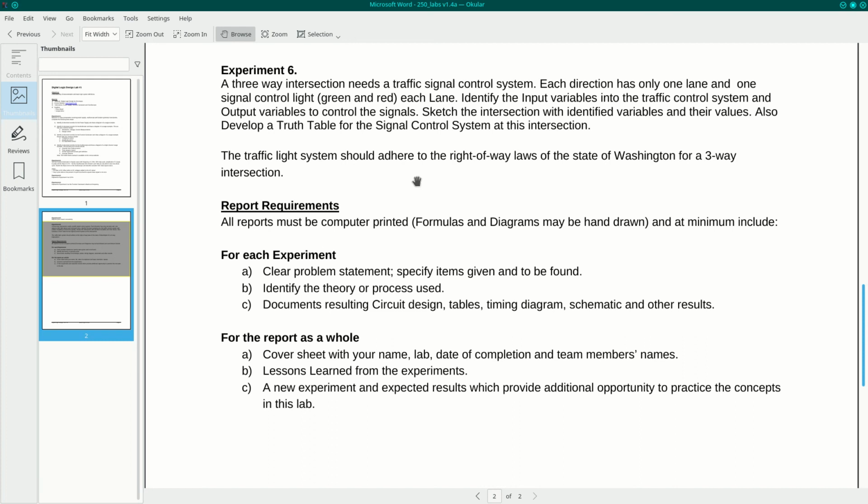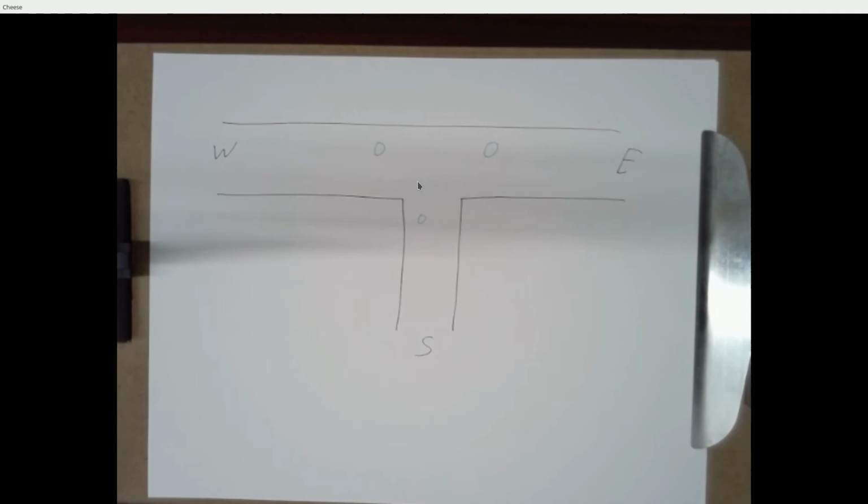So you want to make a system ultimately that's going to control these lights. So you're going to have a green light on each of these, and you're going to have a red light.